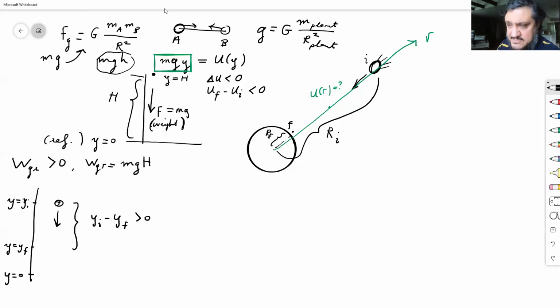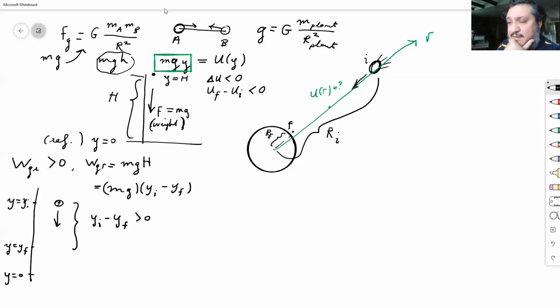So that distance times mg, that's what we were doing really. Mg times y initial minus y final. This is the work.